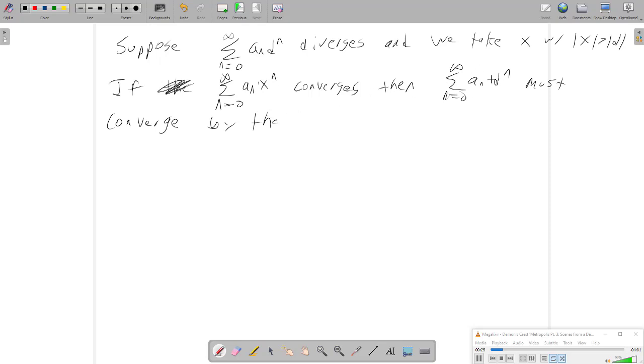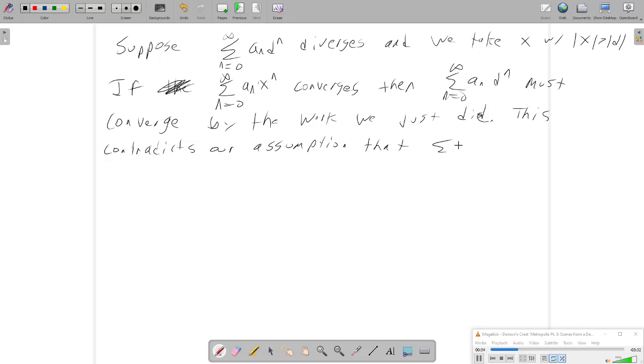So this would have to converge, but we assumed it didn't. This contradicts our assumption that the sum a sub n d to the n diverges.